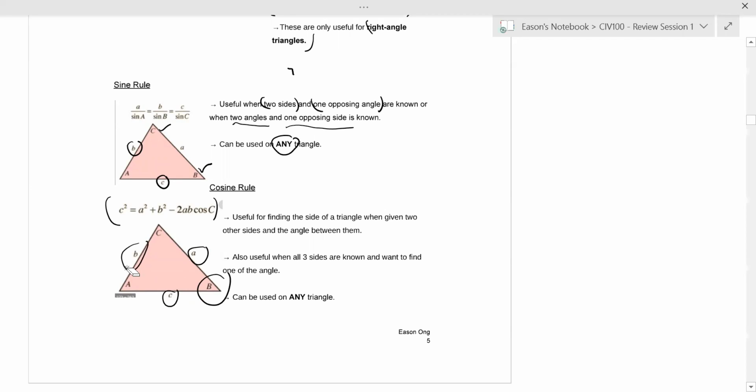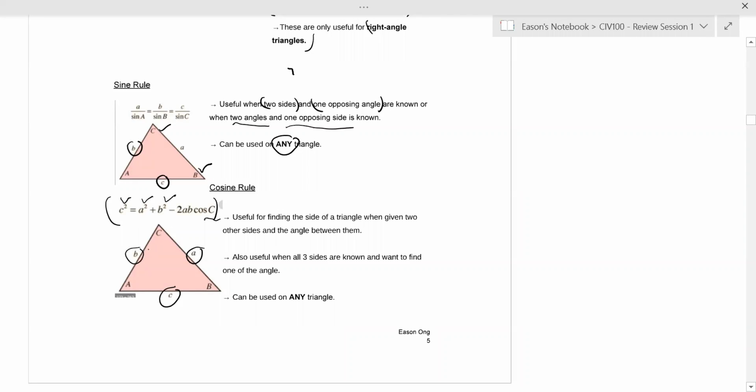Or the other way around, if I have all three sides, I have a, b, and c, I will be able to find any angle that I want by repeatedly using these equations.